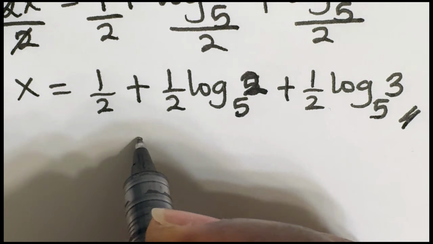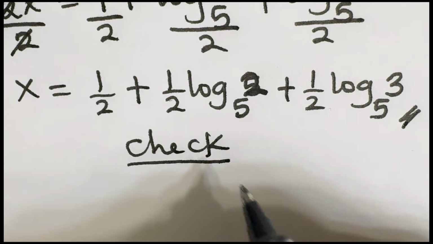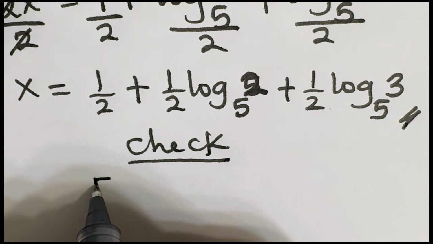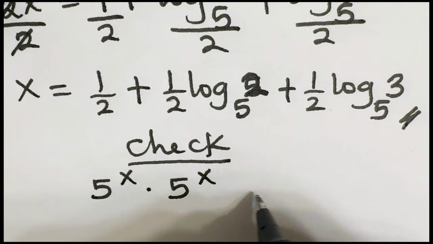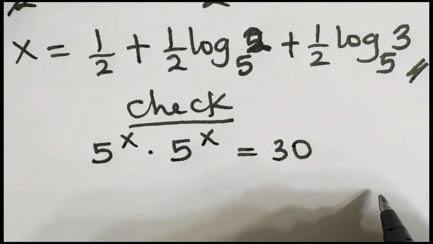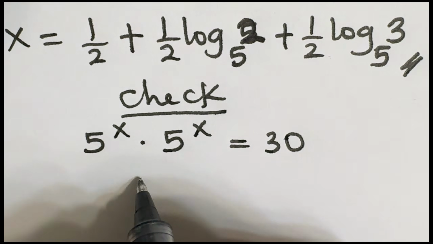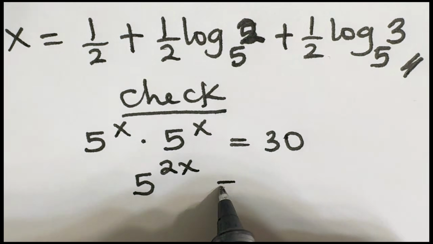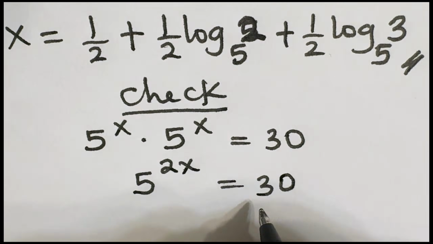And we can now check to confirm that this is correct by substituting the value we just got into the given equation, which was 5 raised to power x times 5 raised to power x is equal to 30. To make this substitution easier, we express this as 5 raised to power 2x is equal to 30, and then we substitute at this point.